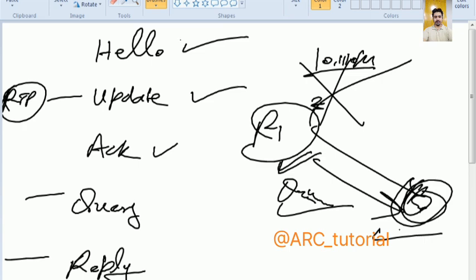So after expiration of the active timer, your device will become stuck in active and immediately it will reset neighborship with that neighbor. That is known as the stuck in active state. In a stuck in active state, your router will always break neighborship. Understood or not? Fine.